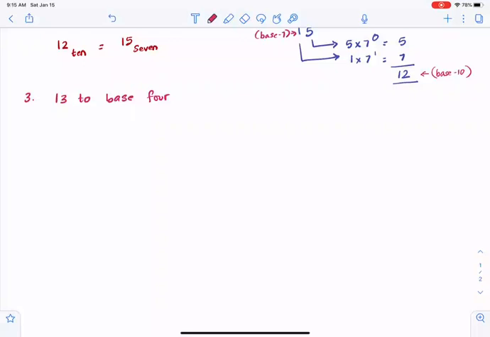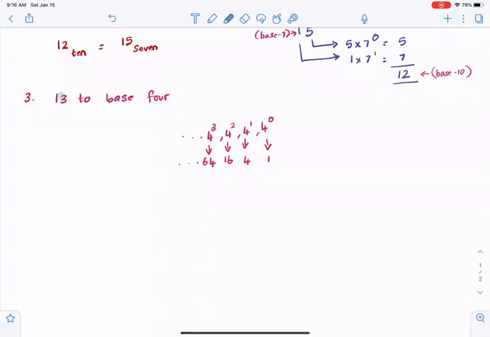We want to convert 13, that is in base 10, to a base 4 number. So I'll start with powers of 4, because this is base 4. And 4 raised 0 is 1, 4 raised 1 is 4, 4 raised 2 is 16, 4 raised 3 is 64, and so on.